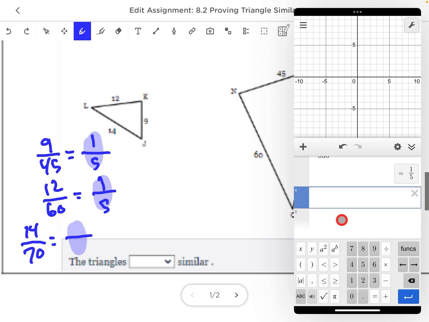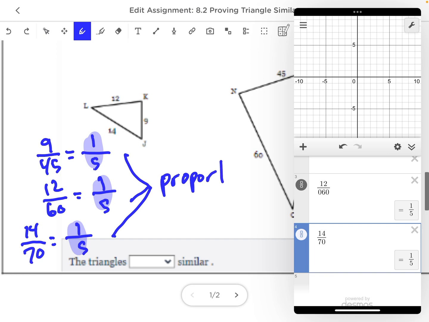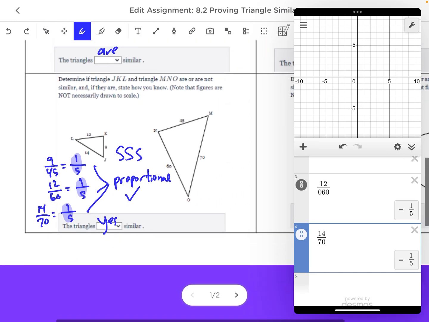Next, do the same thing with this last one, 14 on top and 70 on the bottom. That one is also 0.2, so we know it is, once again, 1 over 5. So these are all proportional. So yes, they are similar by SSS. All the sides are proportional. That's what we did, we just set up those ratios and checked it out.